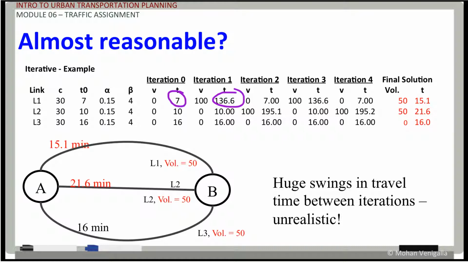And again, from iteration 1 to iteration 2 on link 2, the travel time went up from 10 minutes to 195.1. Huge swing again. And not only that, they swung back again, high and low. So those kinds of swings are not realistic in practice.